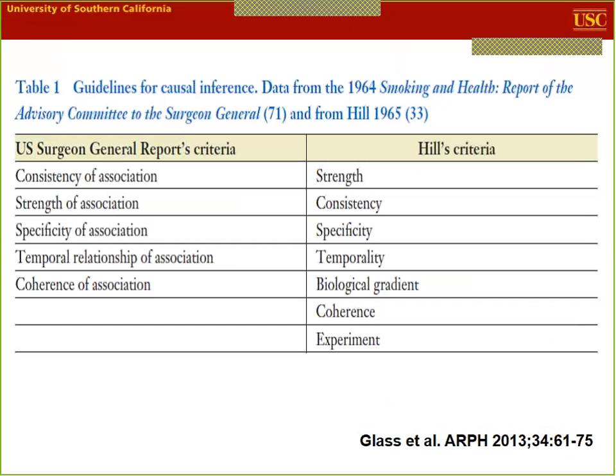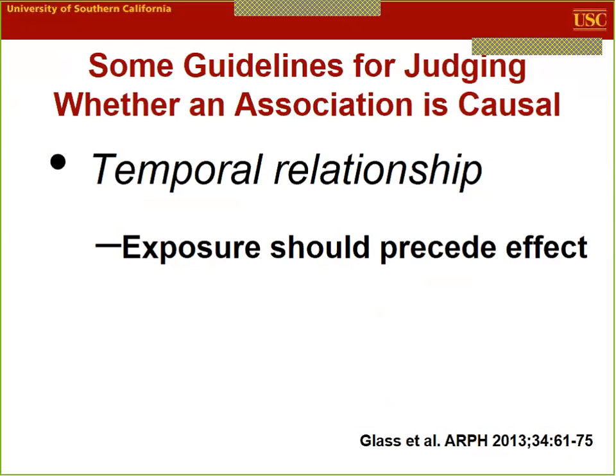Those reports would state clearly this is not a checklist exercise where one goes through and checks off how many of these criteria are met to make an inference. So I'm just going to run through these criteria quickly and sort of align them with tobacco.